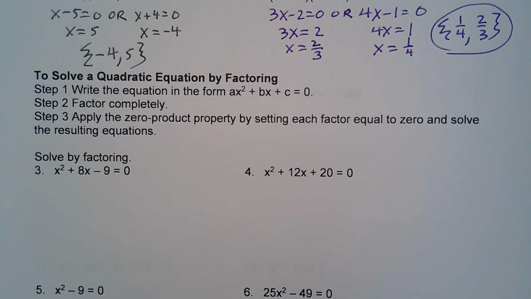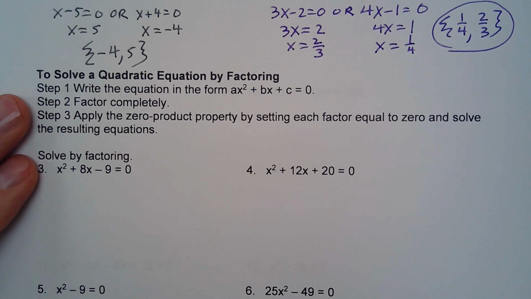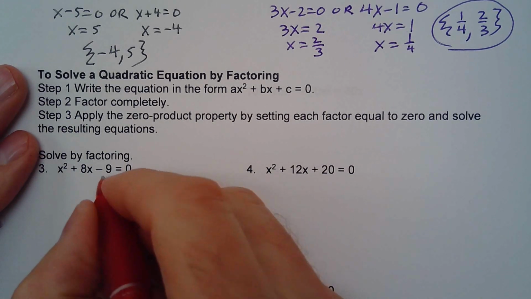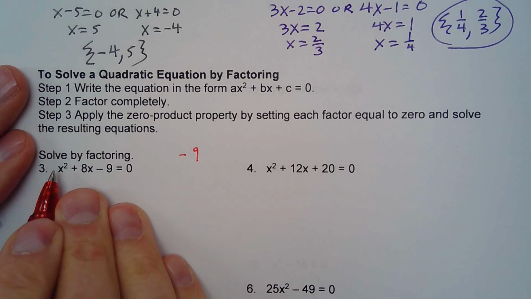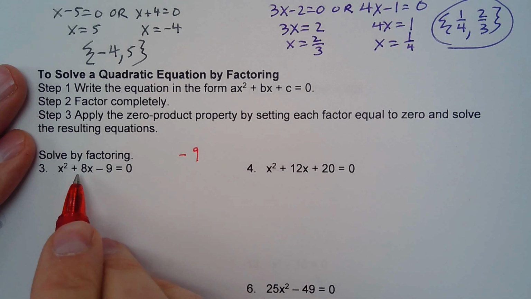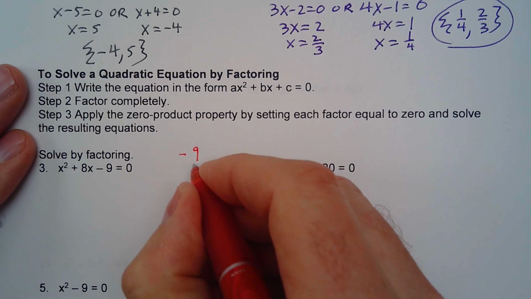So if I look at this problem here, solve by factoring, I do have 0 on one side, so that's the good news. So I'm going to be looking at this negative 9 here. The coefficient of the square term is 1, so I just have to find the factors of negative 9 that add up to 8. Since 8's positive, I want the larger factor to be positive.